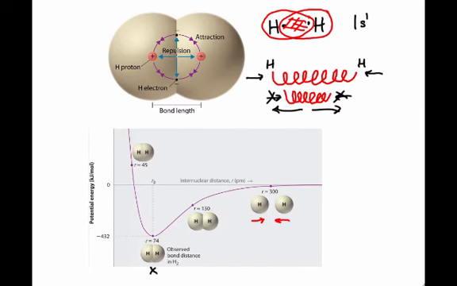Okay? Now let's think of the opposite. Let's take that same concept of the coiled spring, but instead of pushing it together, let's say I go in the other direction and pull the spring apart. I think you get the idea what's going to happen here. If I pull the spring in the other direction, that would be making my internuclear distance greater.